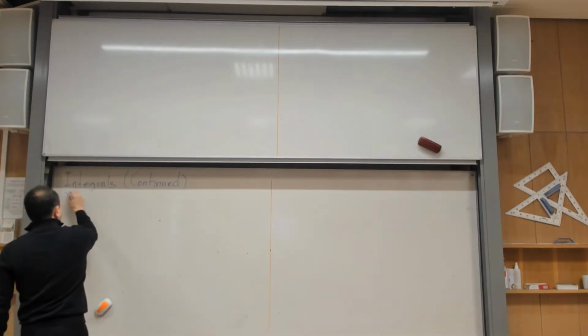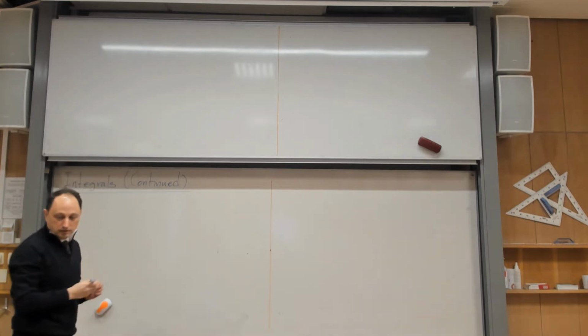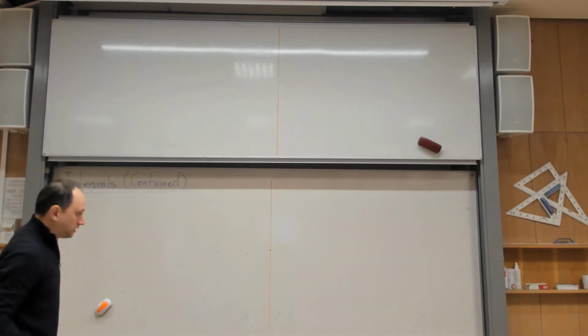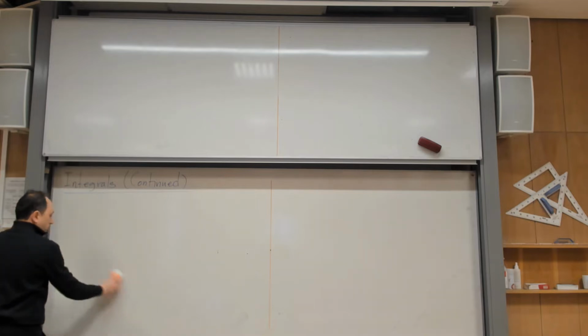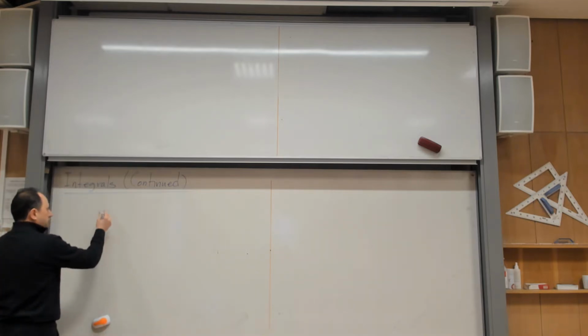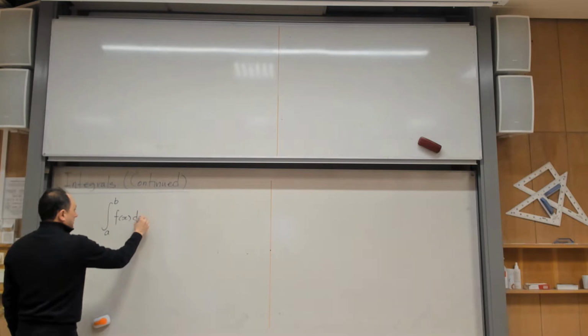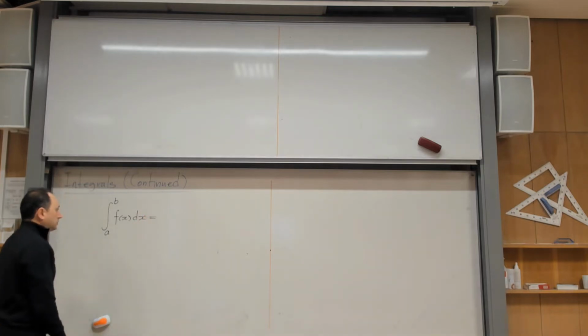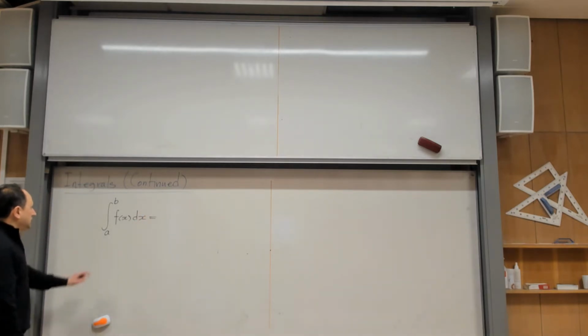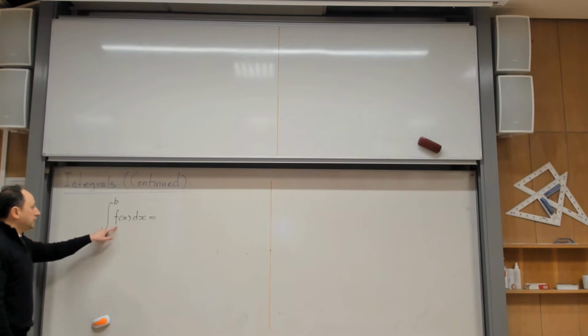Okay, so the last thing we talked about, this is extremely important. This is really what you need to know for the exam. So if you want to calculate an integral, from A to B of f of x dx, then what you are supposed to do, you remember? This function is called the integrand. You ask yourself about a primitive function of that.